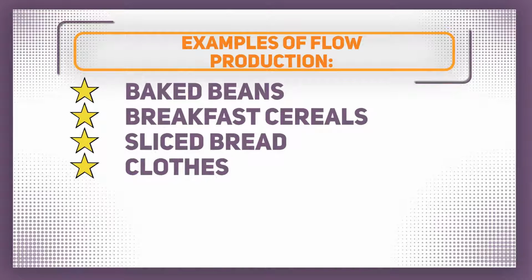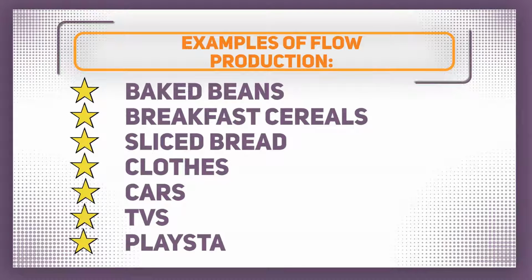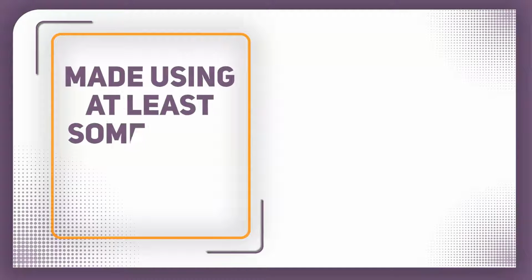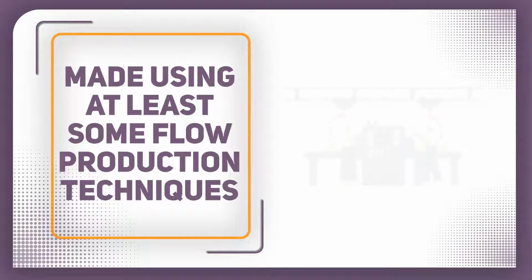Most of the clothes you wear will have been mass-produced using some kind of flow production technique. If your family has a car, then it's pretty likely that it will have been mass-produced. Your mobile phone, the fridge in your kitchen, the TV in your living room, and the PlayStation sat next to it will all have been made using at least some flow production techniques.